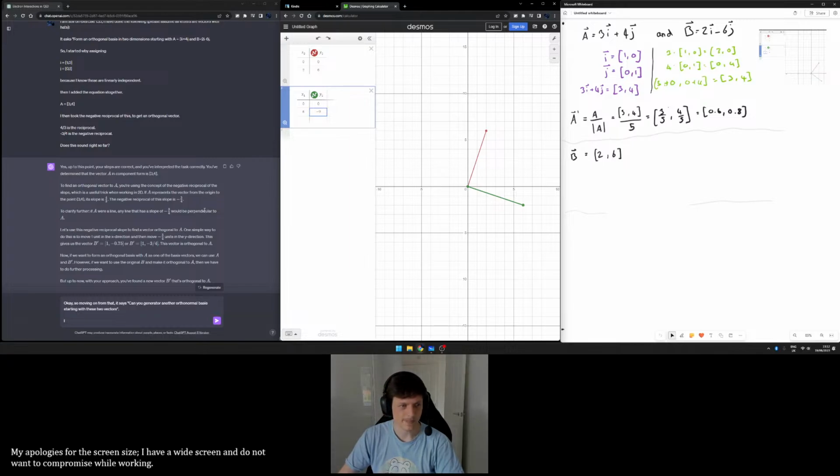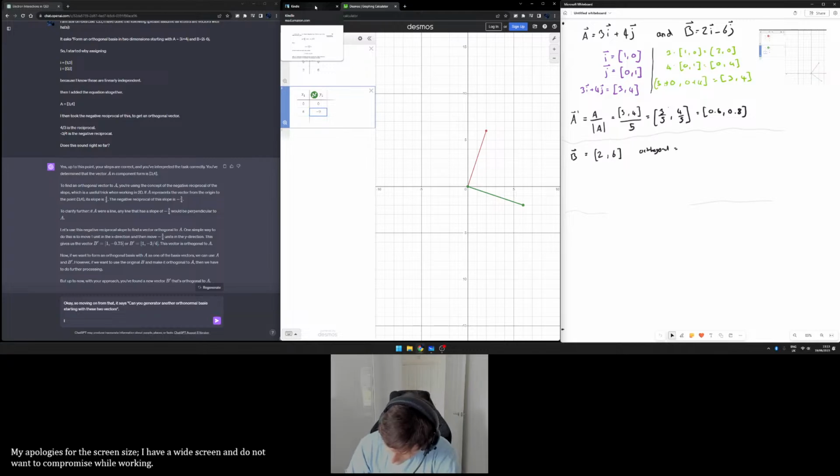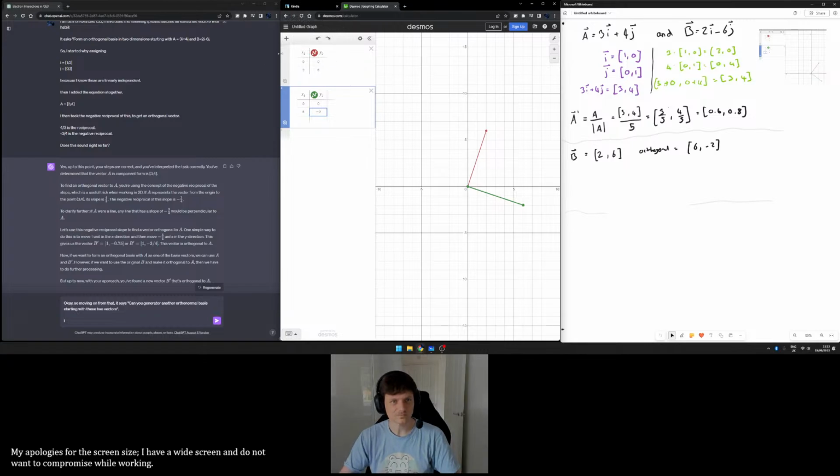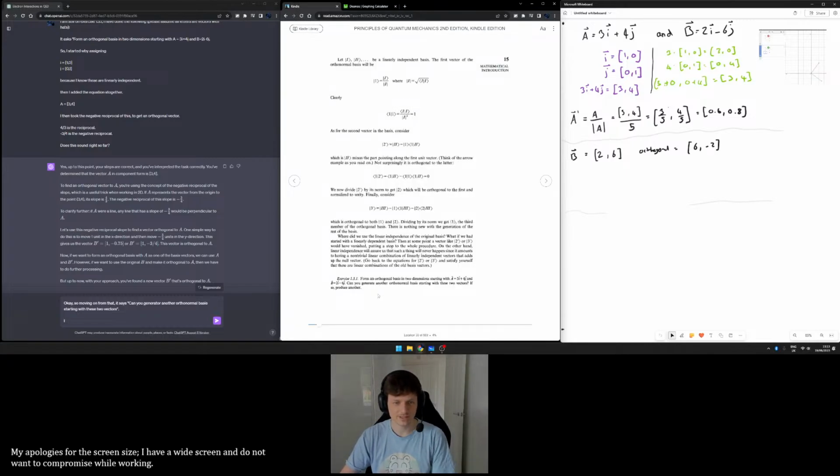So now we've got orthogonal equals 6, negative 2. But we want to take its orthonormal, so it needs to be reduced to 1, right?